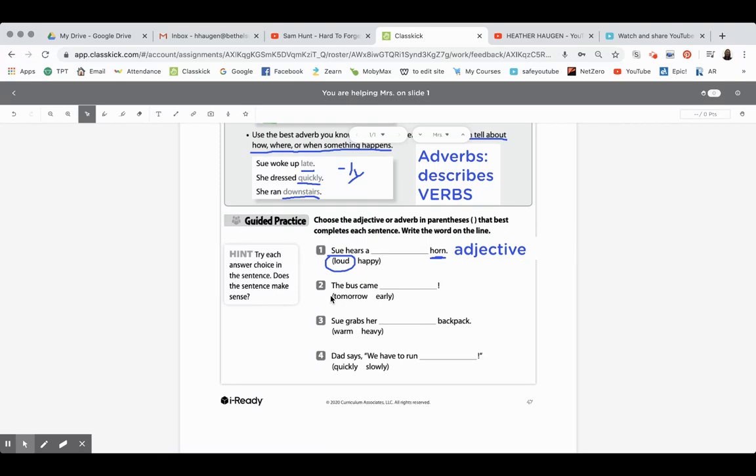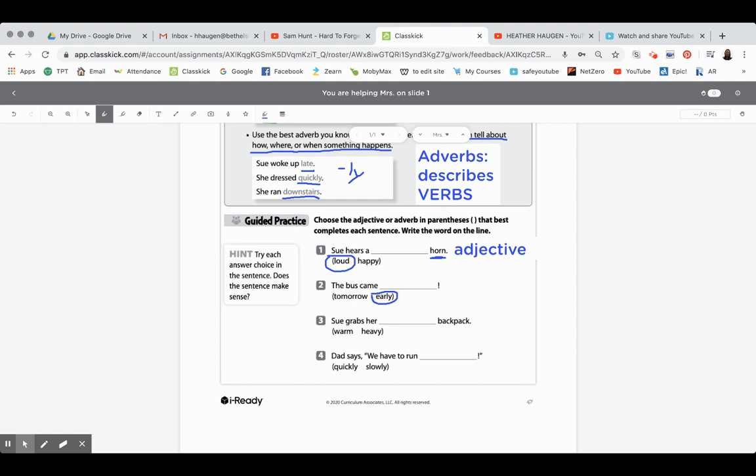Let's look at number 2. The bus came blank. The bus came tomorrow. The bus came early. Well, the word early would make more sense. You would have to say the bus will come tomorrow. So tomorrow wouldn't make sense here.